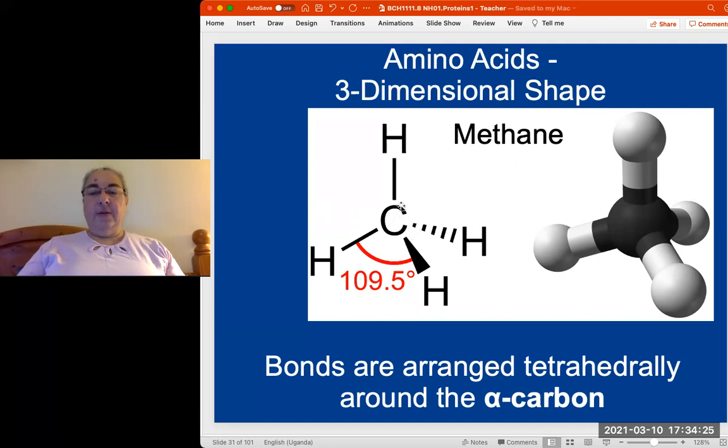And here it is represented in a flat model, if you like, but again using the dotted bonds to show something that's going behind, and the solid bond to show something that's coming out towards us. And then these two are in the plane of the paper, if you like. So this is the sort of arrangement that the different groups form around the alpha carbon.